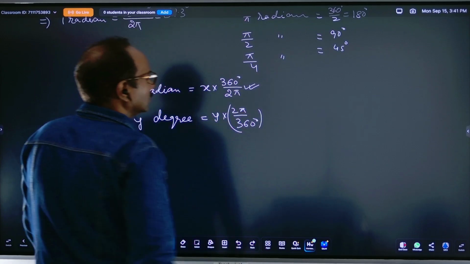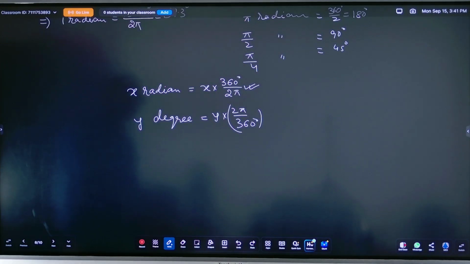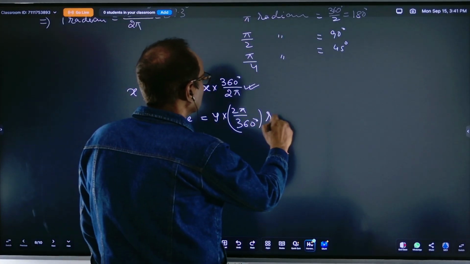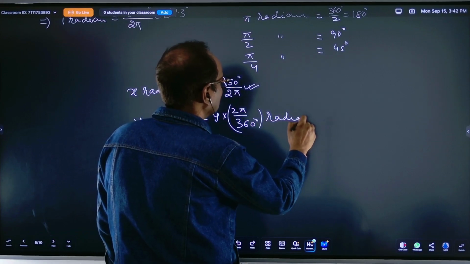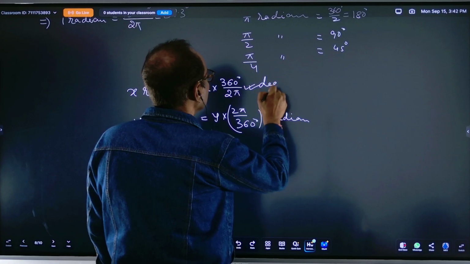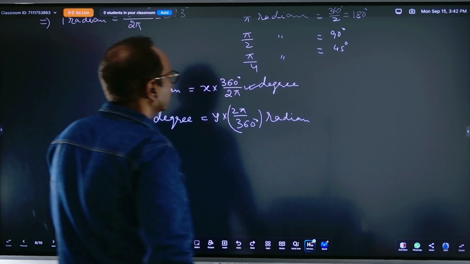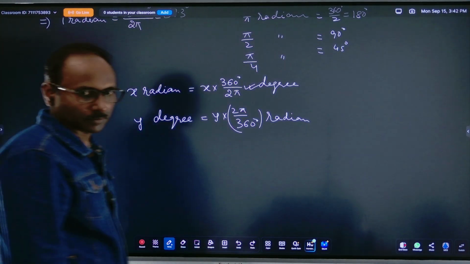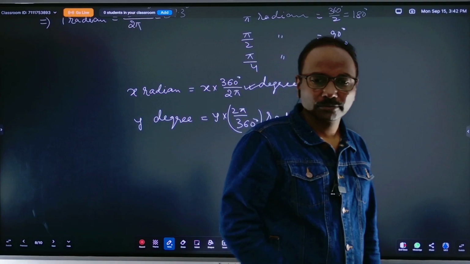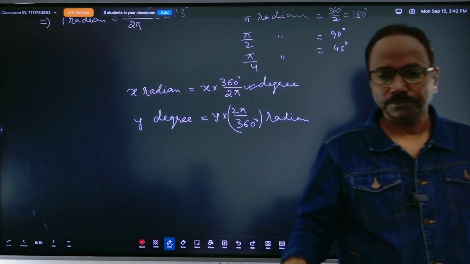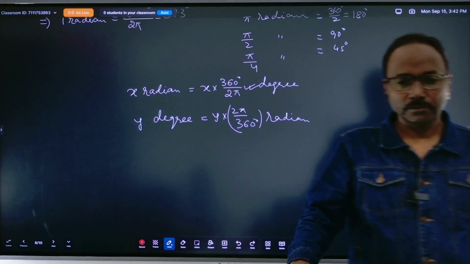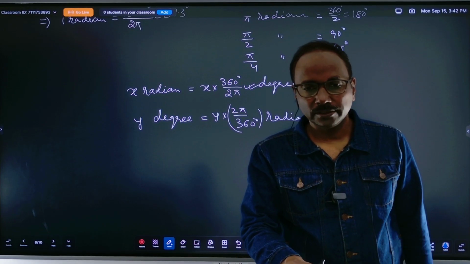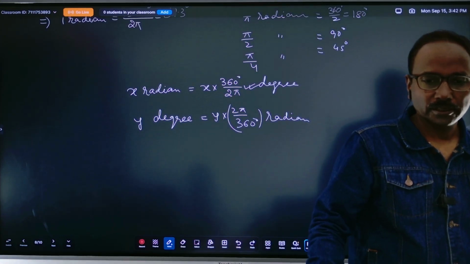Multiply with this, so this will be in radians. This will be in degree. So this is the first part, and we'll cover further in the next part.